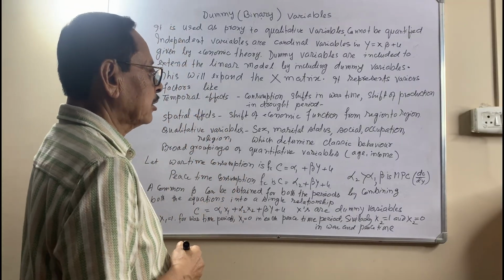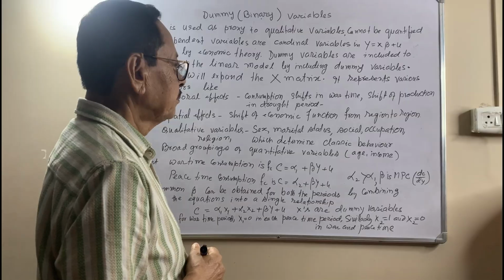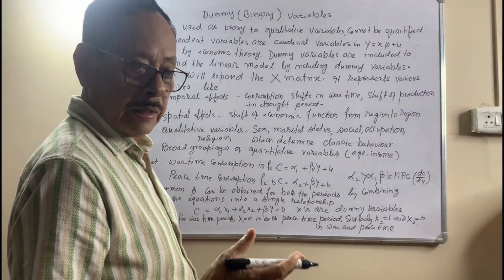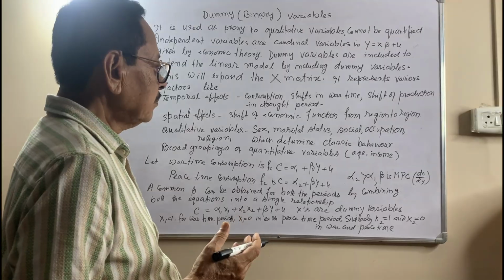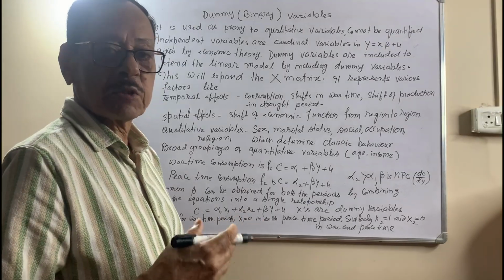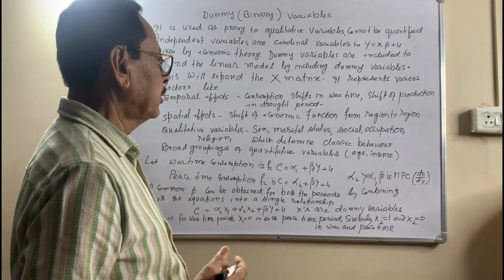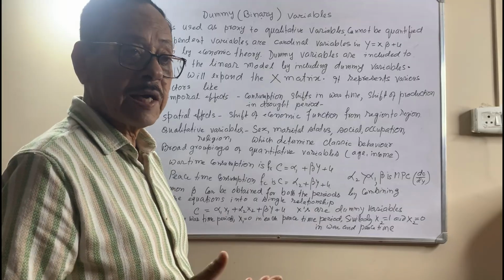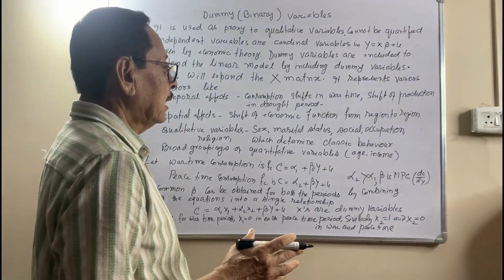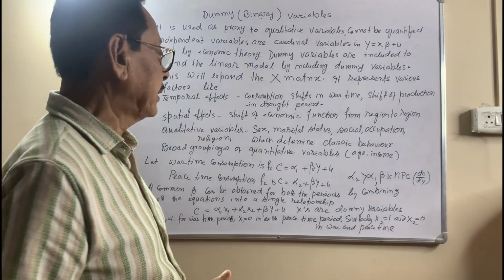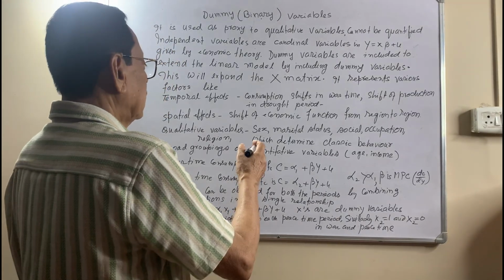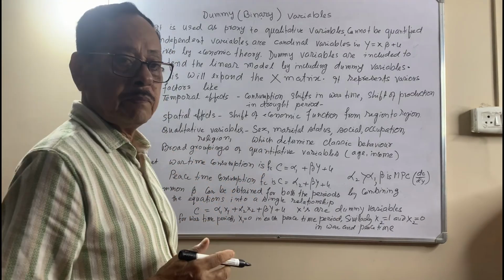Then social factors, occupation, because there are several occupations in the society. Some are doctors, engineers, professionals, and so on. So their likings, dislikings, their demand is different. Their purchasing behavior is different. Similarly, religion.